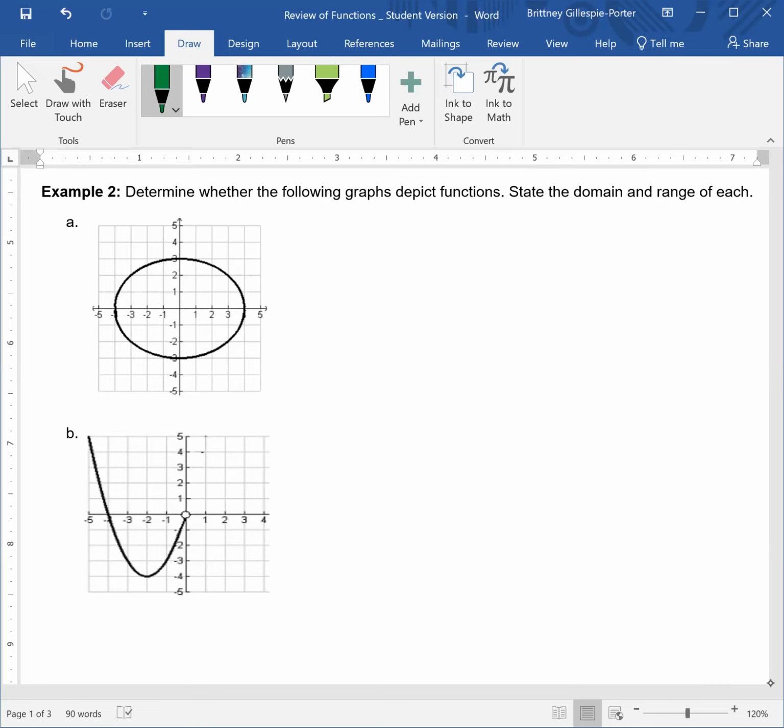Remember that your function passes the vertical line test.